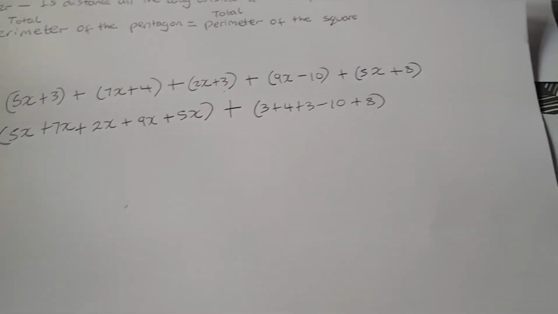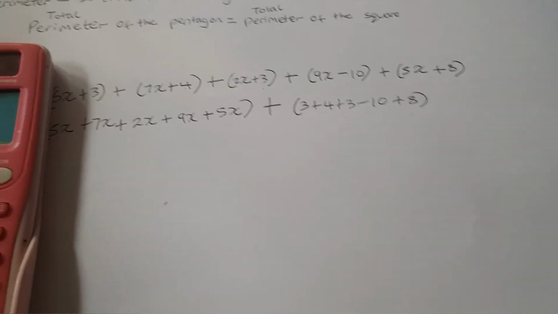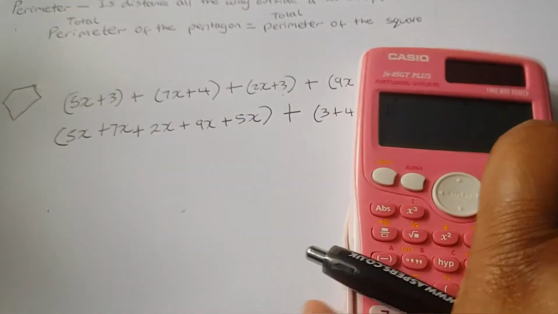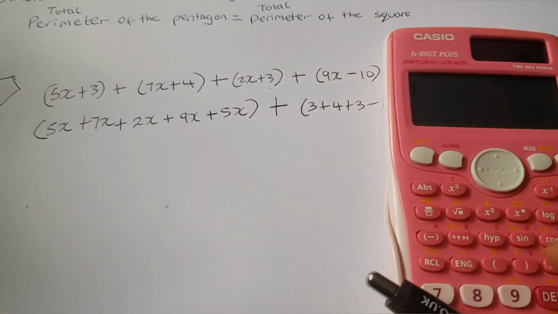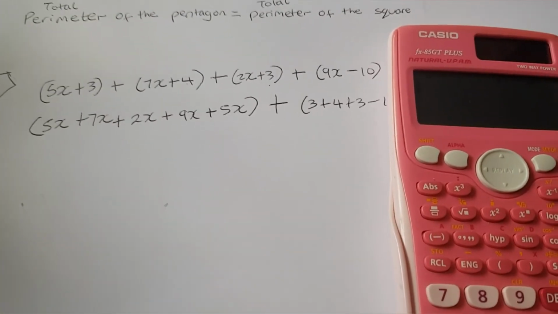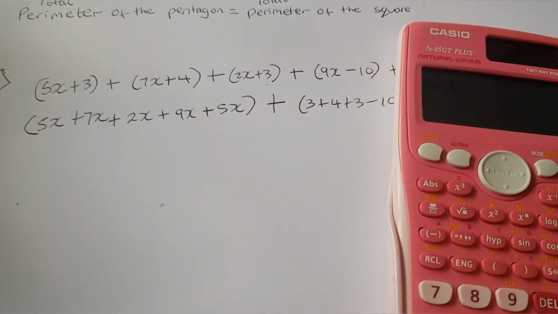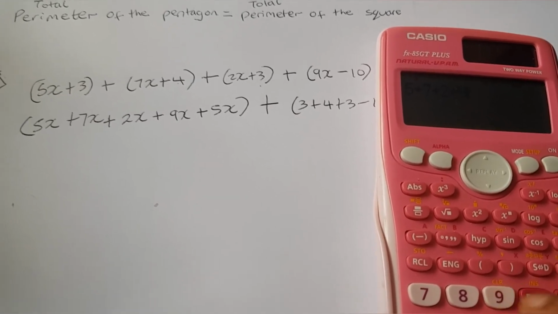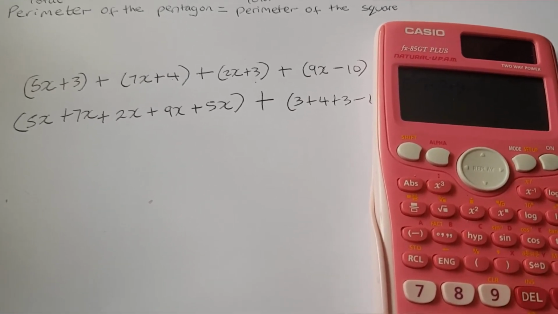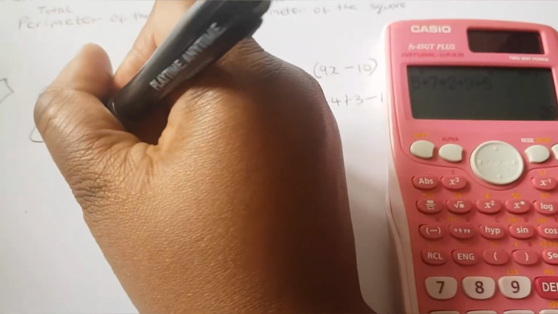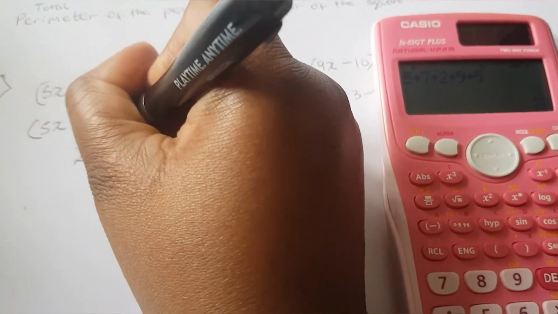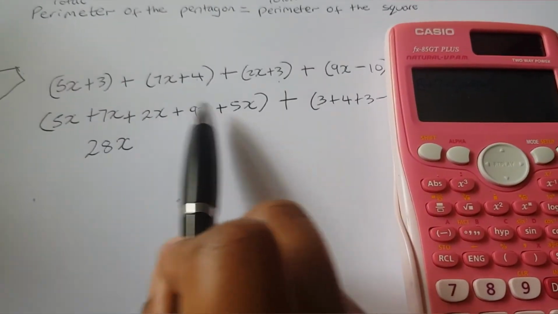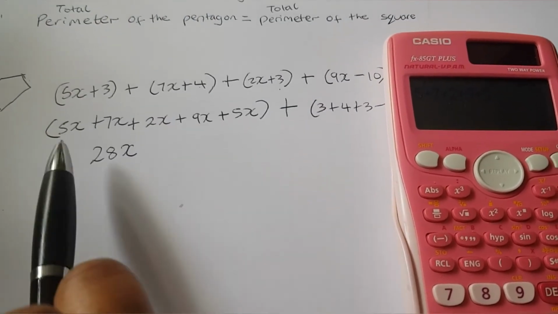It says you can use your calculator to work it out if you need to. So I'm going to add the coefficients: 5 plus 7 plus 2 plus 9 plus 5. That gives me 28x when I simplify all of the terms with an x together.